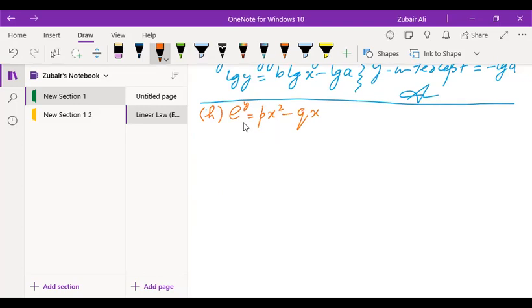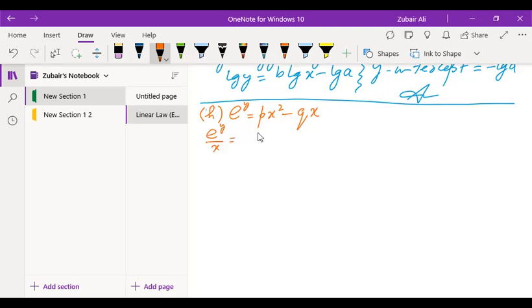Okay, so here we can observe that there is no constant. So if we divide every value on both sides of the equation by x, we can get rid of x from this value. Okay, so now we divide the whole equation by x.